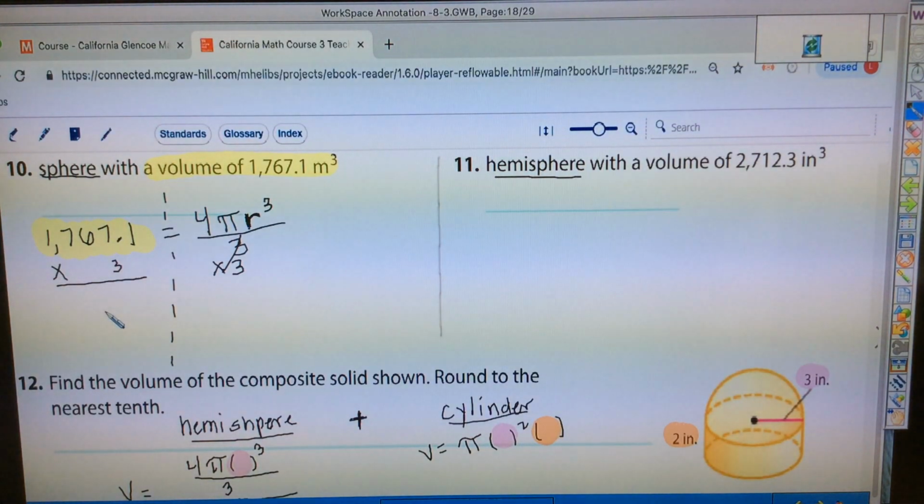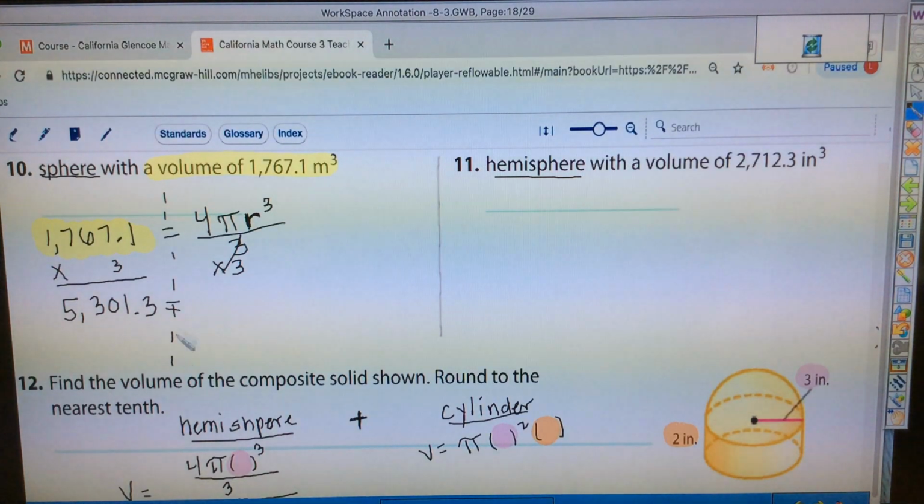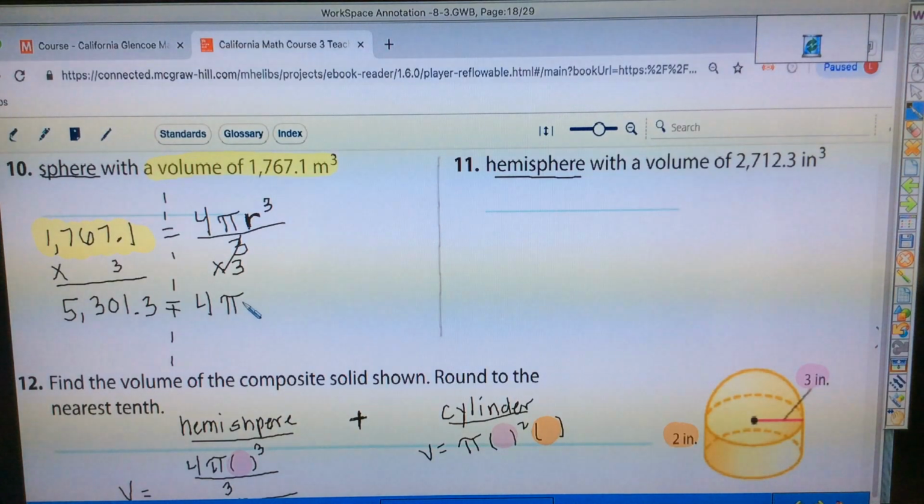All right, so let's see here. 1,767.1 times 3 is 5,301.3, which is equal to 4 pi R cubed.